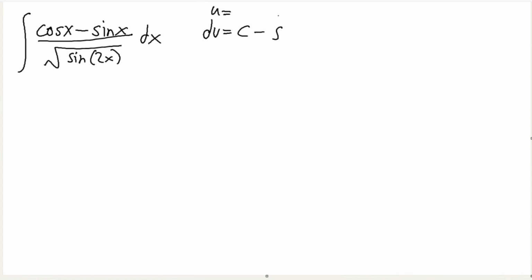So that means that I need to do s plus c. And I find u just by integrating this pretty much. So this means that I need a 1 plus sine 2x. You got it. So I'll have to do plus 1 minus 1.